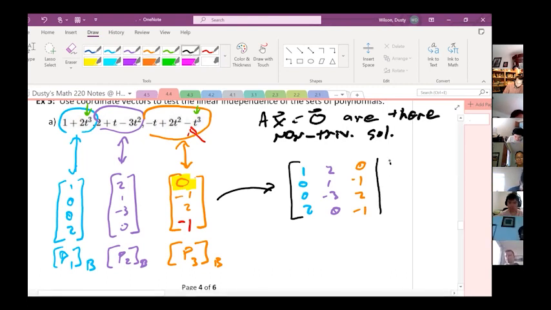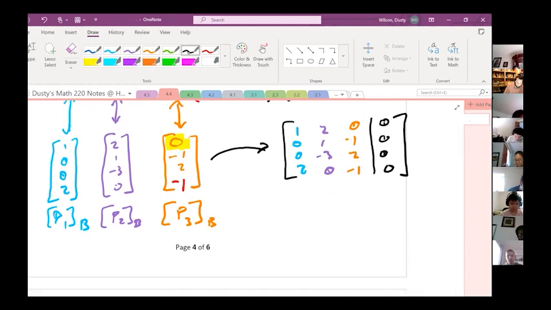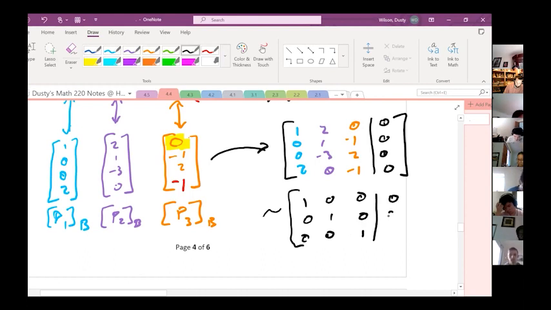And you have 0. This lets us row reduce. And so we can row reduce. When you row reduce, you can get 1, 0, 0, 0, 1, 0, 0, 0, 1, 0, 0, 0.